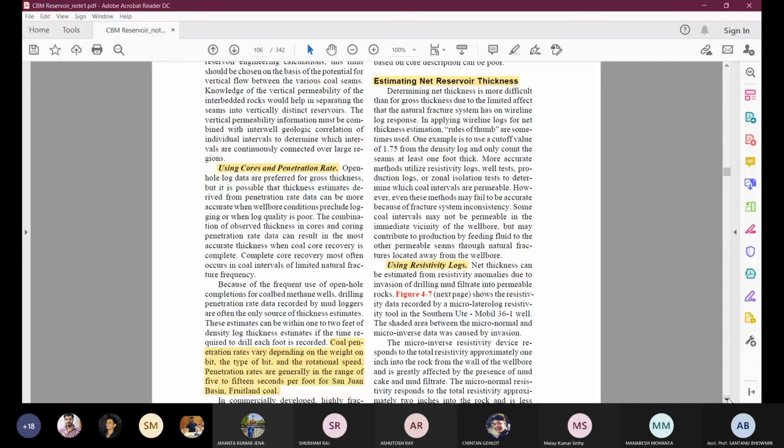If you plot a graph of the penetration rate with time, you will also get some data, because you will see a lot of variation. At the soft strata the penetration rate will be much higher, but at the hard strata the penetration rate has to be very much controlled, very slow, otherwise there will be damage to the drill bit.